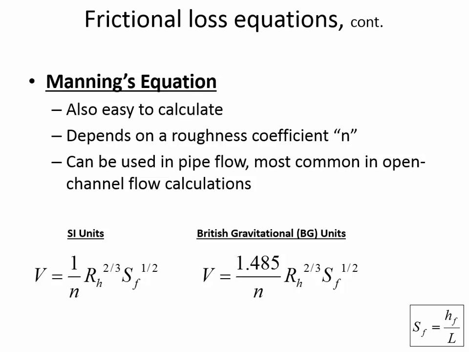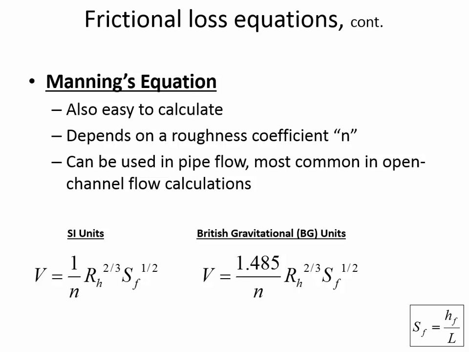And so these empirical formulas try and predict how much energy is lost based on the characteristics of the pipe and the characteristics of the flow. Now, Manning's equation we usually only use for open channel flow, but technically it can be applied for the situation where you've got closed conduit pressurized pipe flow.